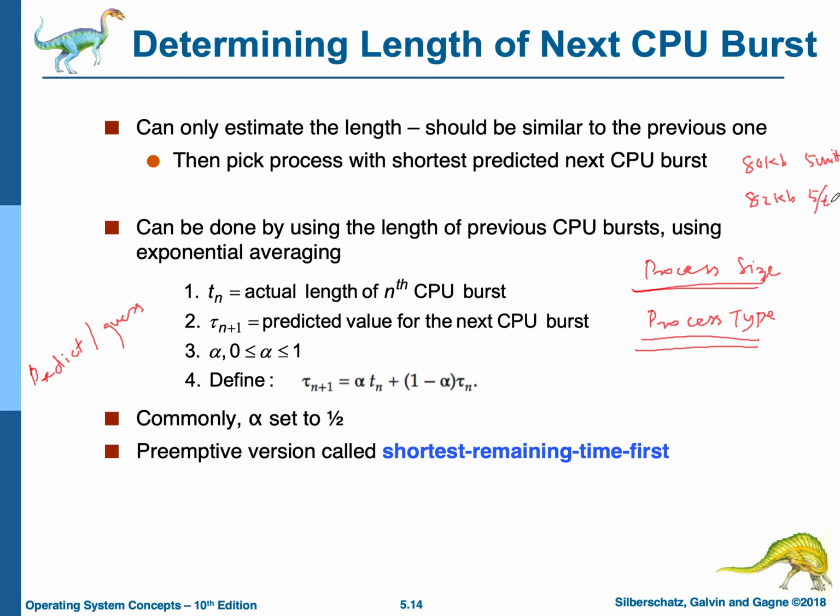Even if it's 82, we know that if an 80 kb job takes 5 units of time, then 82 kb will also take 5 units of time. But this is a size parameter, and it is not full and final, because the type of process may be different. So if 80 kb takes 5 units of time, then 82 kb might take 10 units of time. I'll give you an example.